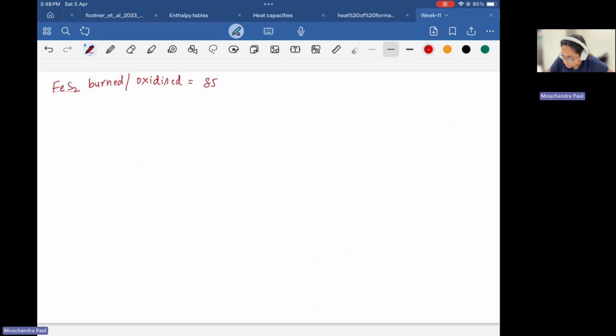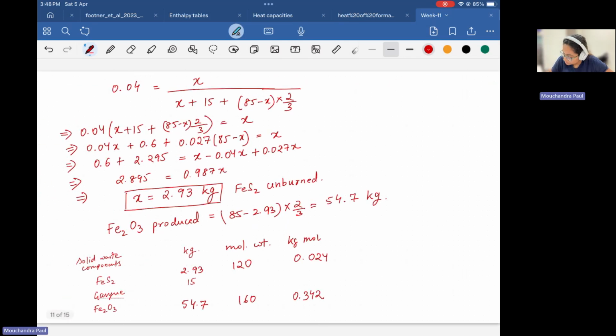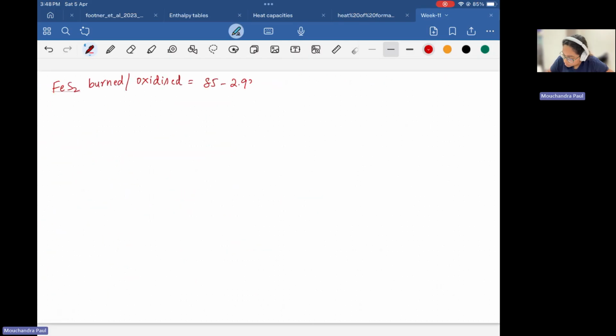It will be 85 minus 2.93, which is 82.07 kgs.